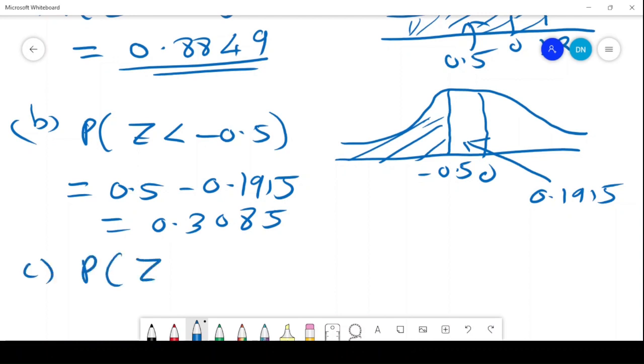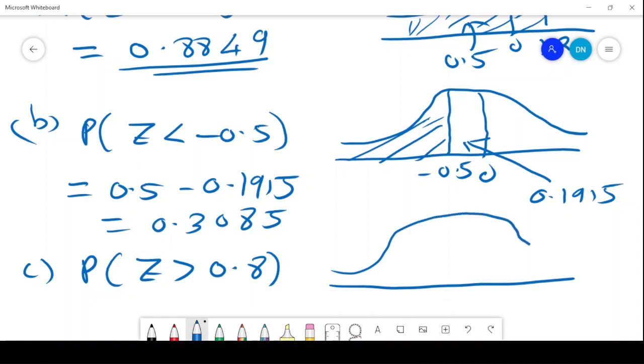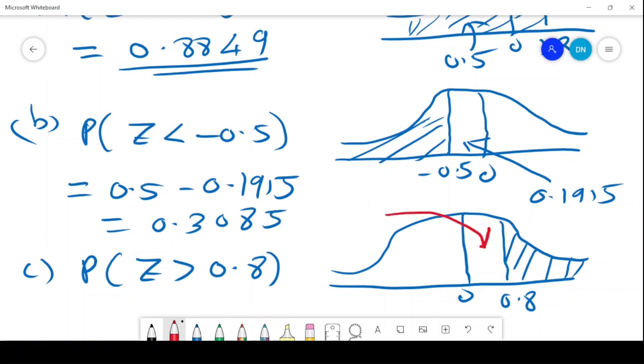Probability of z greater than 0.8. So what we do is we come here and then we put 0 and then we put 0.8. We want greater than. Now if you go to your tables, the one I'm using, and look for the value of 0.8, it will give you 0.2881.